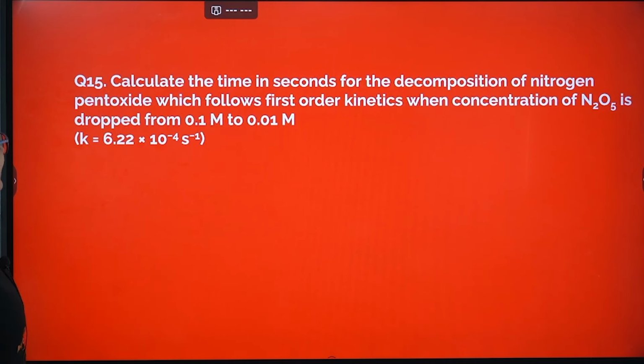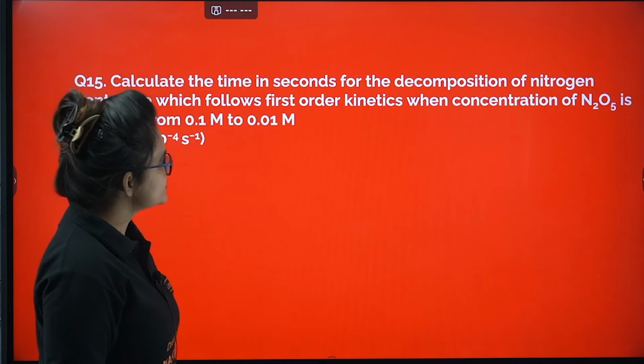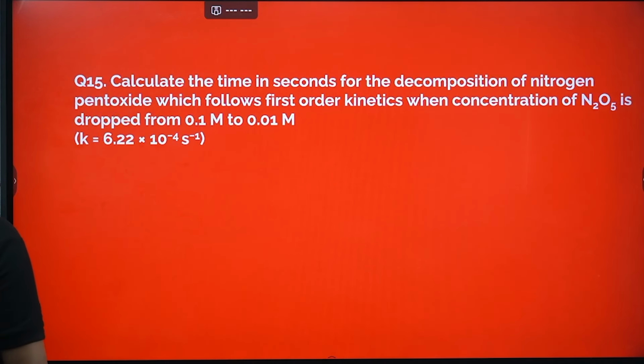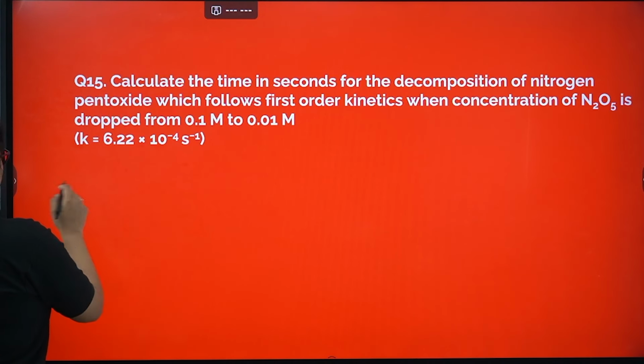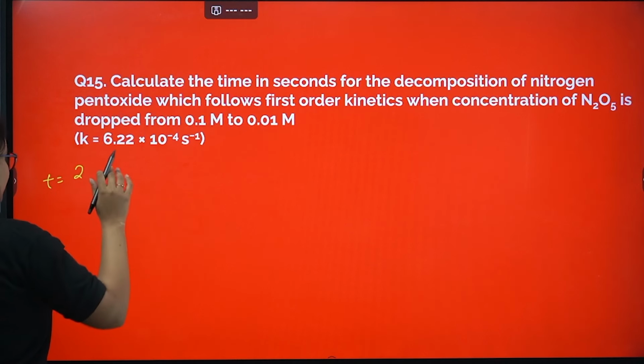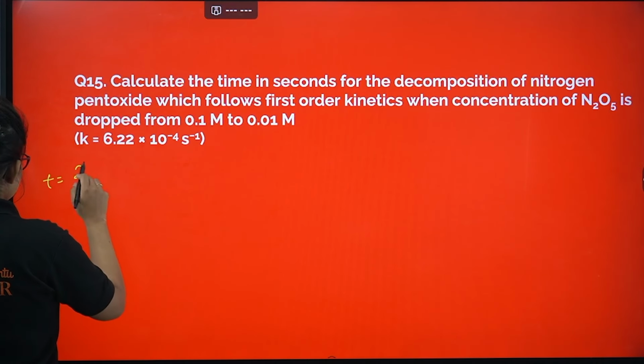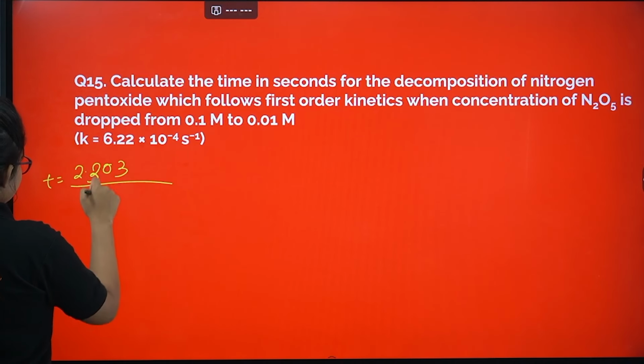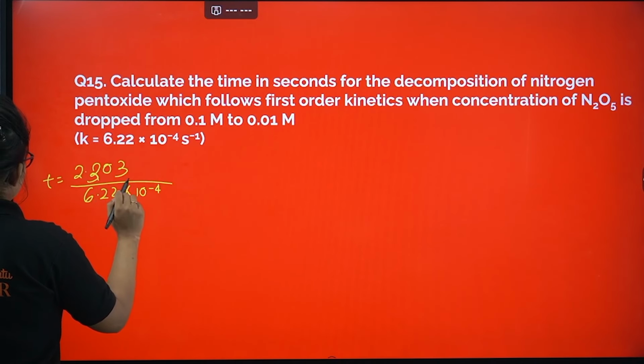Next problem: calculate the time in seconds for the decomposition of nitrogen pentoxide, which follows first order kinetics, when the concentration of N2O5 drops from 0.1 molar to 0.001 molar. Super easy problem. Here again we are going to use the simple first order rate equation. I'm not writing the equation, but you should always write the formula. I'm just directly putting it here: 2.303 divided by K. K is 6.22 into 10 power minus 4, right?